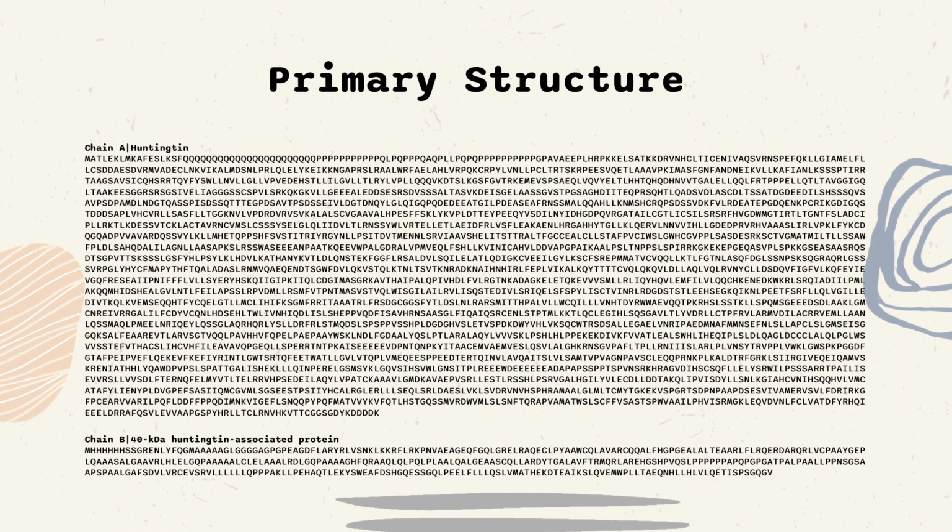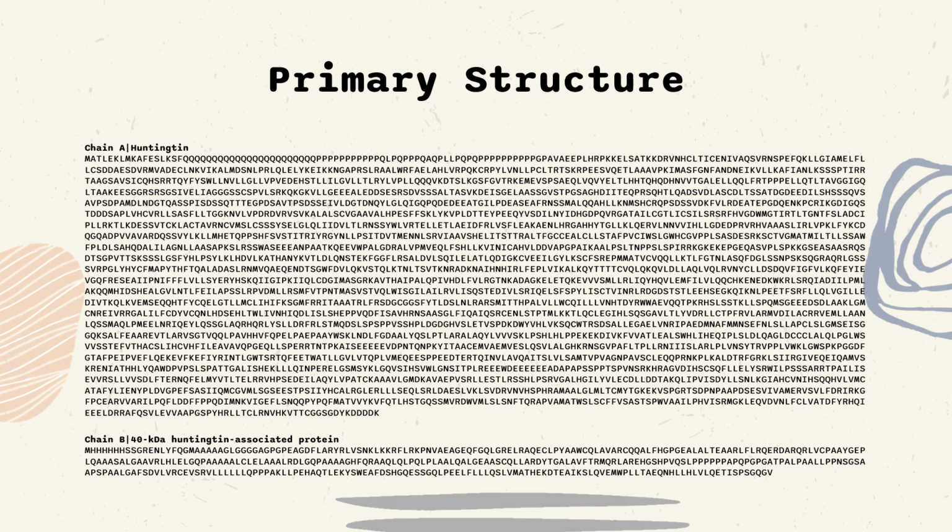The primary structure of a protein is a linear sequence of amino acids that make up its chain linked together by peptide bonds. The Huntingtin protein is encoded by the HTT gene. This slide shows two sequences which represent the two chains that make up the Huntingtin protein. The primary structure of the Huntingtin protein includes a varying number of glutamine repeats near its N-terminus.